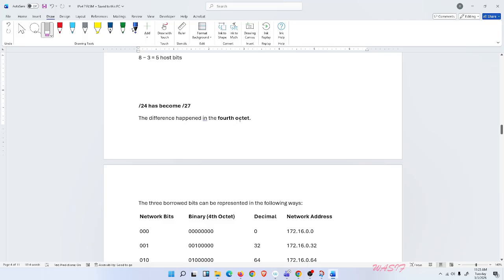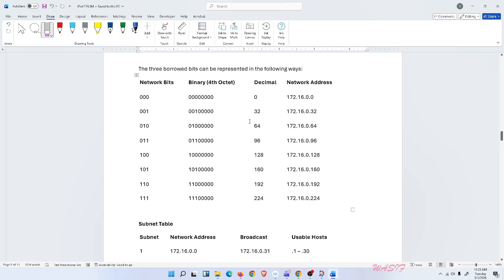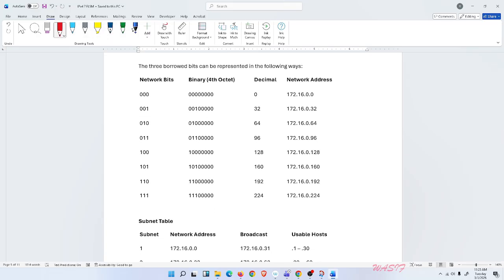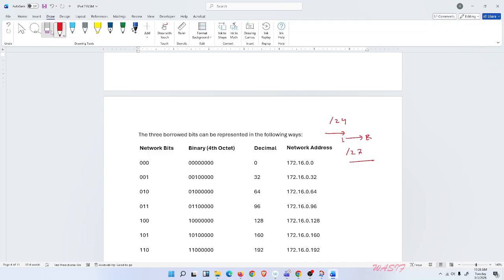So if you look at here, in this case I borrowed 3 bits. Look, bits have to be borrowed from left to right. If you are making it /27, it has to be from left to right. You cannot borrow from any other place. The borrowed bits will always have to come from the left-hand side, not from the middle or from the right.